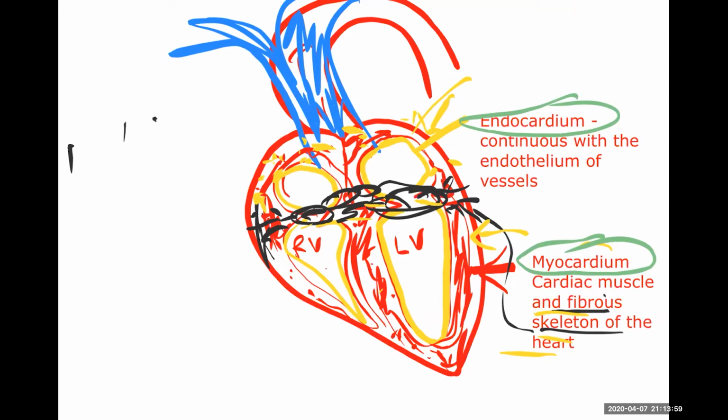Mediastinum? No, that was the name of the cavity around it. Pericardium, yes. The pericardium is the serous membrane that surrounds the heart. It's going to be a double layer, with one layer that's on the heart muscle itself.